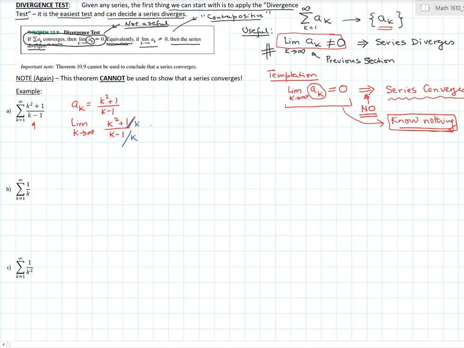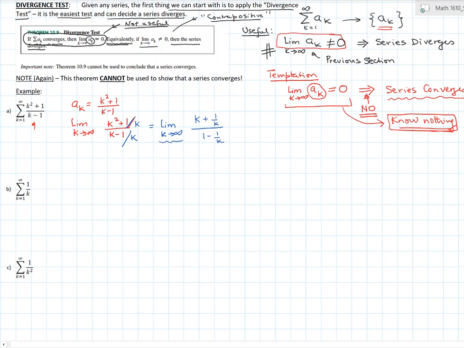Be careful with this algebra. So k squared plus 1 divided by k gives me k plus 1 over k, and in the denominator I get 1 minus 1 over k.